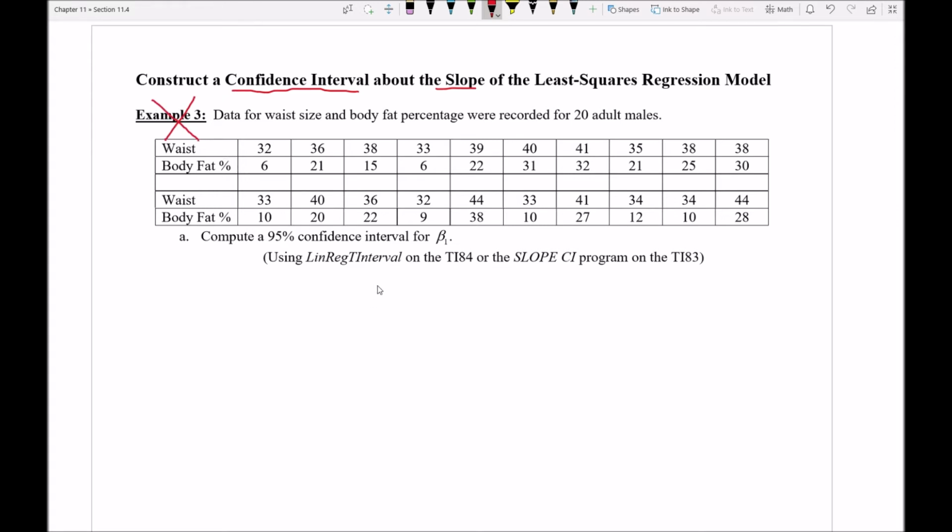And part of the reason for that is since we're not face-to-face this semester, it will be too difficult for me to try to get you a special slope CI program if you are in possession of a TI-83 calculator. And so because of that, I don't want to disadvantage anybody that has a TI-83. So this question will ultimately be removed from the questions and the content that we'll cover this semester.